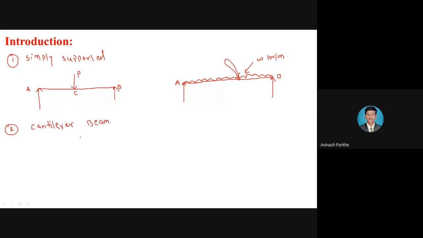Again, here we have to study two cases. Cantilever beam. One end is fixed, another end is free, subjected to the point load W at the free end. And one more cantilever beam.